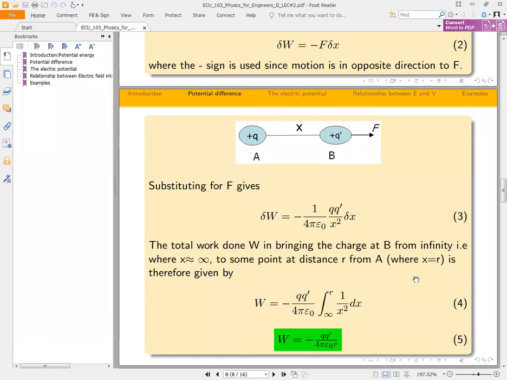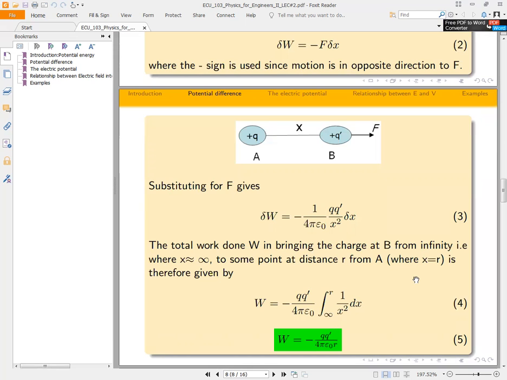If you want to get the total work done, the operation you are required to do is an integration, because you have begun with small quantities. Now you want to get the whole picture, so you have to do an integration.